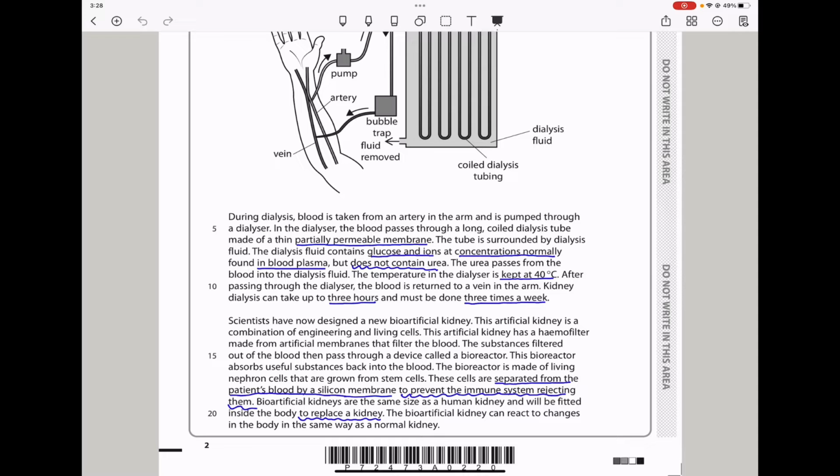The bioreactor is made of living nephron cells that are grown from stem cells. The cells are separated from the patient's blood by a silicone membrane to prevent the immune system rejecting them. Bioartificial kidneys are the same size as a human kidney and will be fitted inside the body to replace the kidney. The bioartificial kidney can react to changes in the body in the same way as a normal kidney.